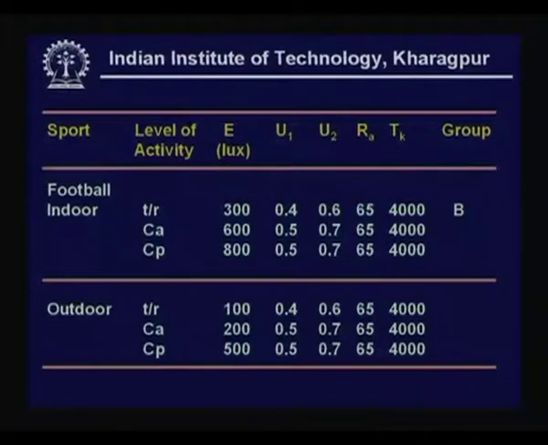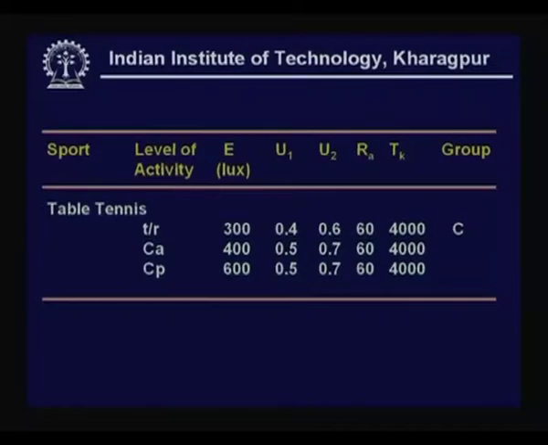One could clearly see the outdoor illumination level requirements are lower compared to the indoor level, and the color rendering and color temperature for the source requirements remain optimally around 65 and 4000 K.